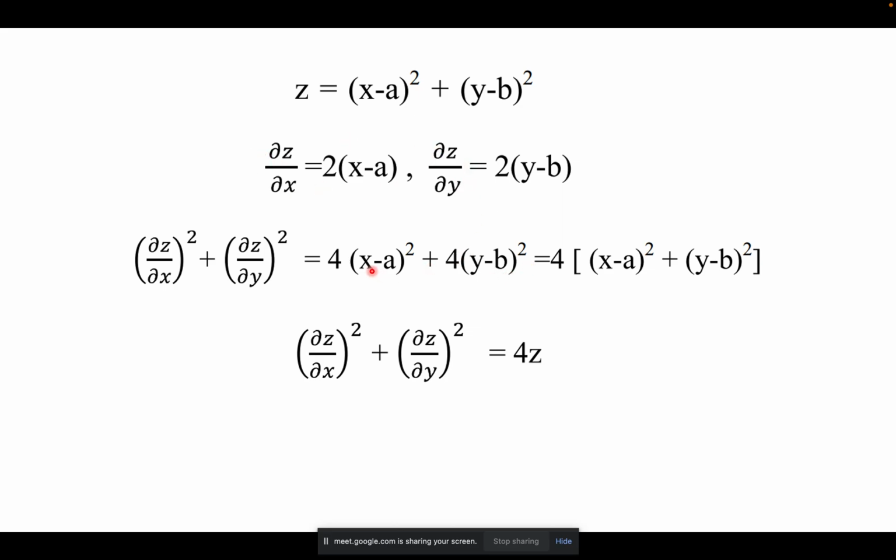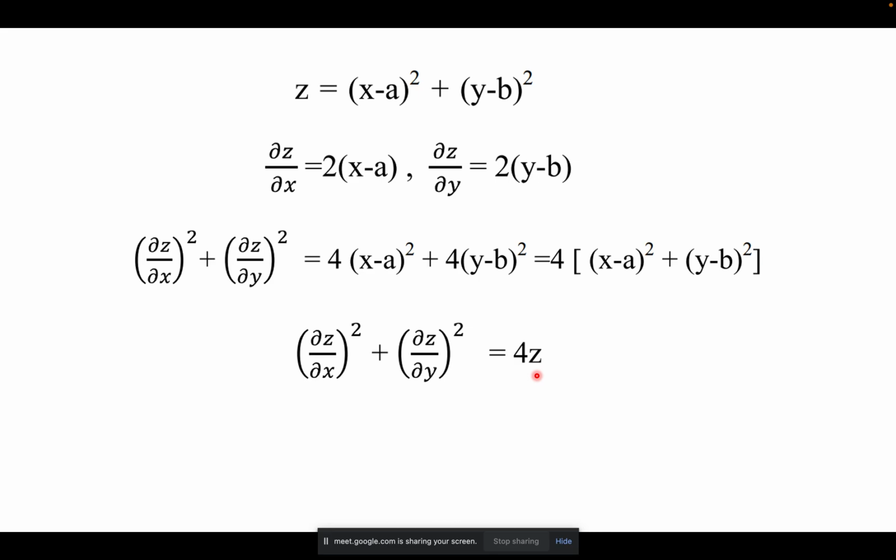Now you can take the 4 common in both of these terms. So you will get del z by del x whole square plus del z by del y whole square is equal to 4 times x minus a whole square plus y minus b whole square. Now x minus a whole square plus y minus b whole square is nothing but z. So the final partial differential equation is del z by del x whole square plus del z by del y whole square is equal to 4z.